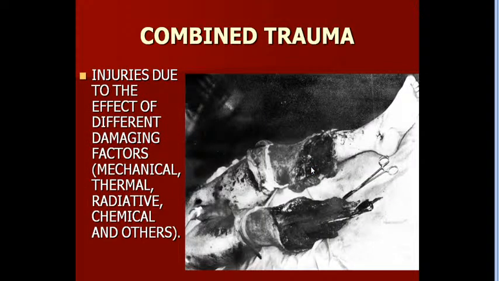Combined trauma. Injury due to the effect of different damaging factors. What damaging factors? It's mechanical, thermal, radiative, chemical, and others. For example, look, it's a patient who has injury after an explosion. What trauma?